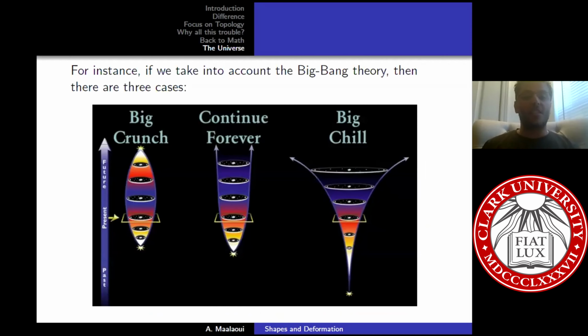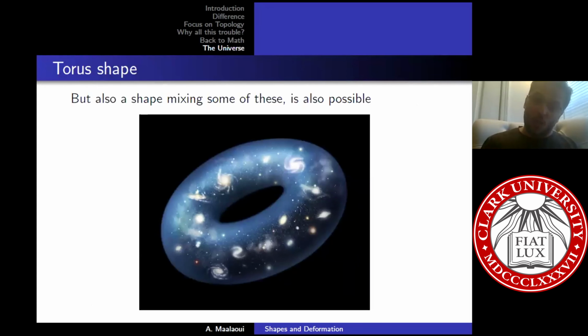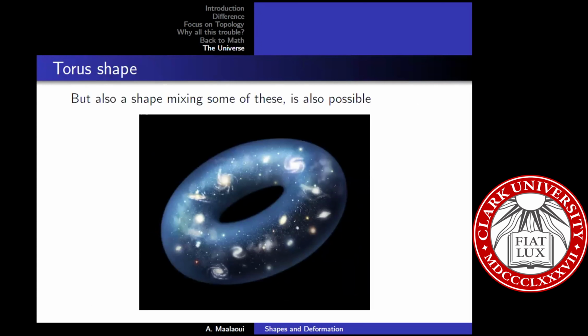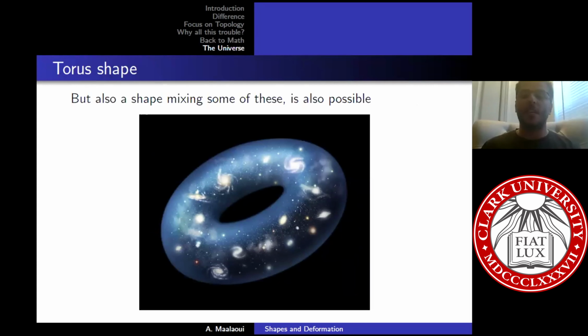For instance, if we take into account the Big Bang theory, which is one of the theories, then there are three possibilities, more or less: the Big Crunch, the continue-forever universe, or the Big Chill, all depending on the curvature, or how curved our universe is. And there is also another shape which mixes two of these types, which thinks of the universe as a torus or a donut.